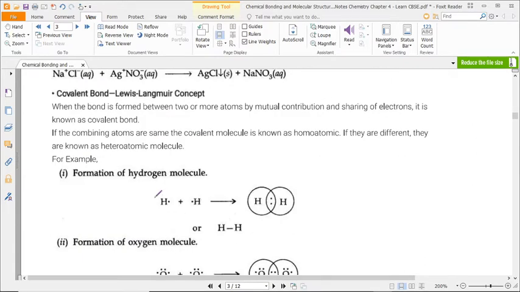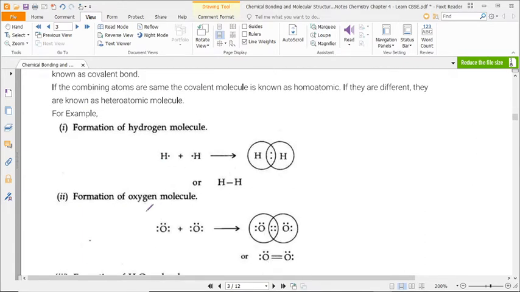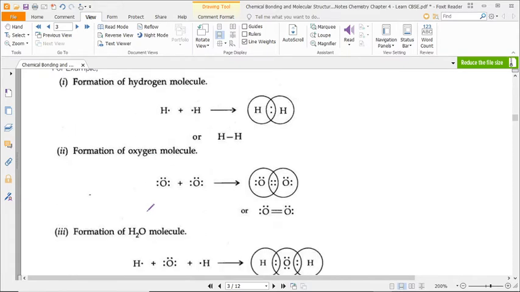Next, coming to the covalent bond. So how is a covalent bond formed? By mutual sharing of electrons. Now you see, if you have 2 hydrogen atoms, what is the formula for a hydrogen molecule? It is H2, and you need 2 hydrogen atoms for this. So each hydrogen with 1 electron, and a bond is formed between them.